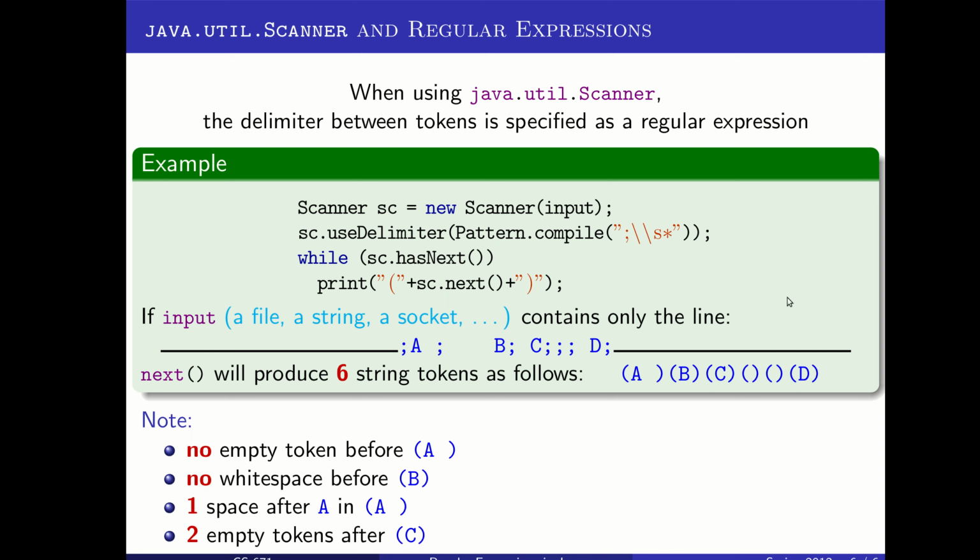And then D is just normal. And there's a delimiter after D, but we won't get anything from it. So the scanner uses regular expressions, if you want, as a type of delimiter so that you could split your document on any kind of pattern matching that you wanted to.